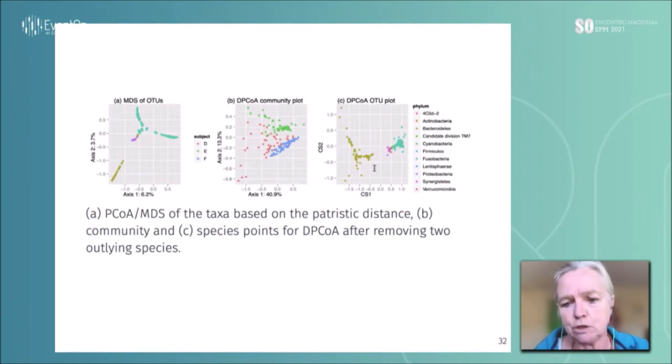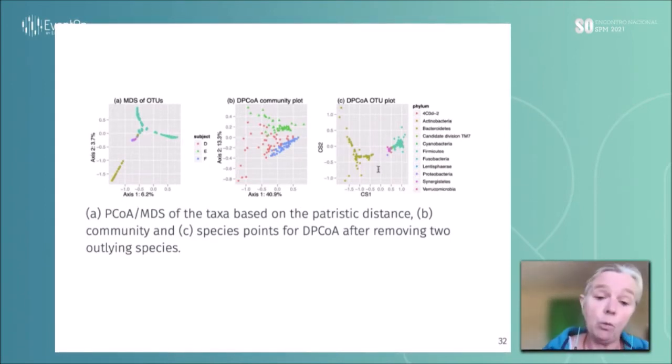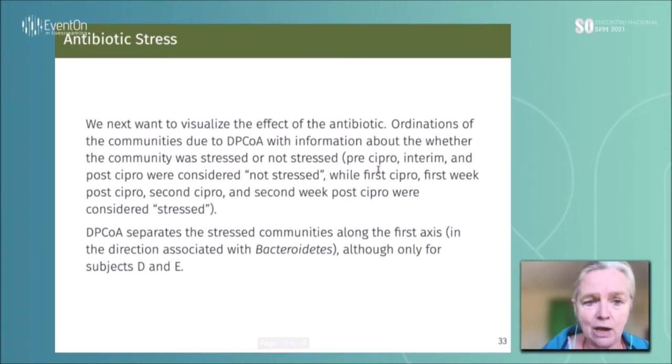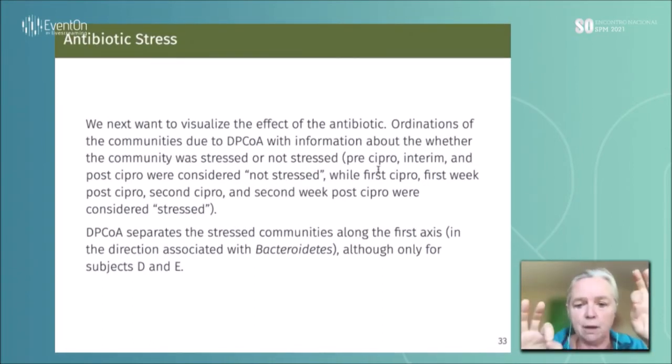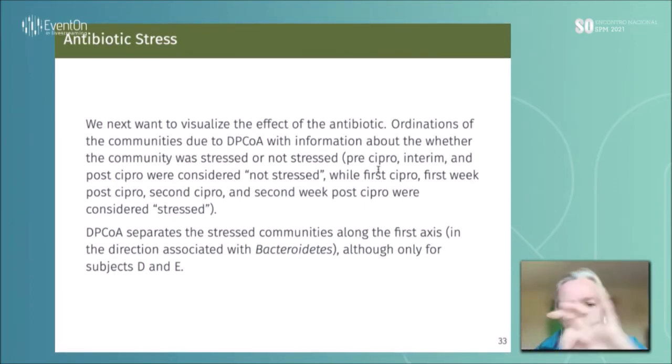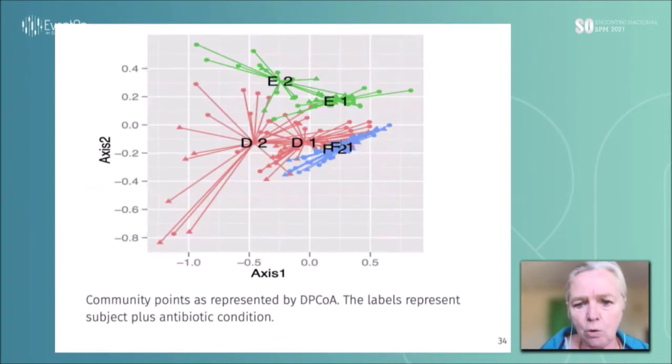And then here, this is the representation of the different bacteria and which ones correspond to being more to the right or more to the left. Now, what we're actually interested in is the antibiotic stress. So we're going to just make 2 groups of samples, those that were stressed and those that were not stressed. And we're going to look at the difference. So we see this subject F, who I pointed out before, they're very resilient.